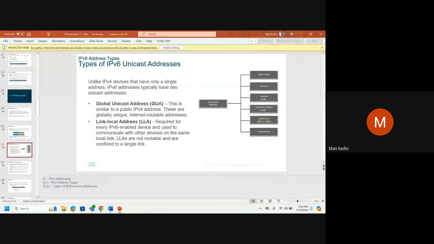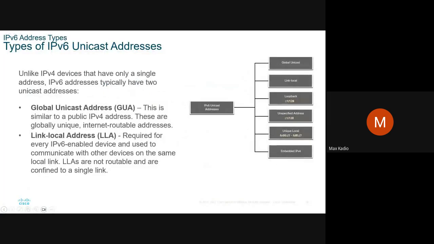Yeah, so as I explained, we will study most these two: what is a global unicast address and what is a link local address.